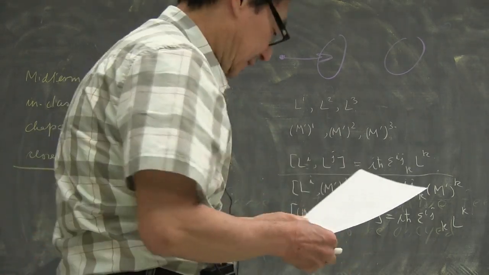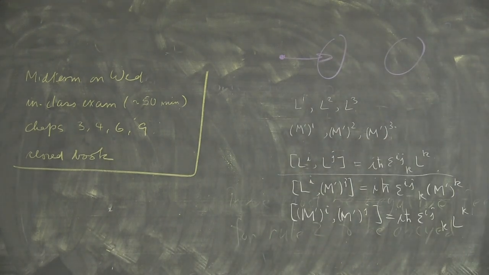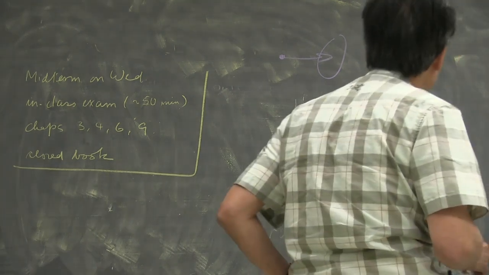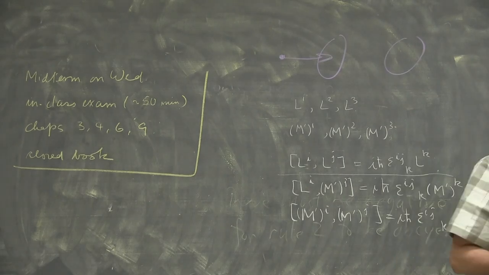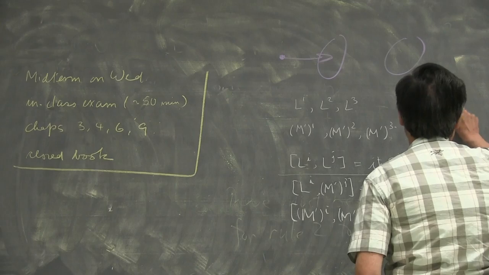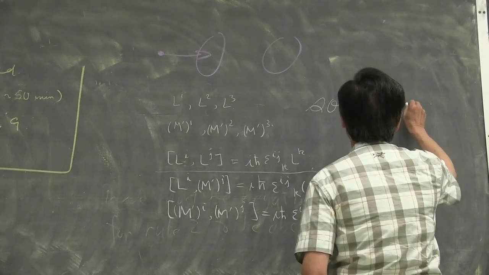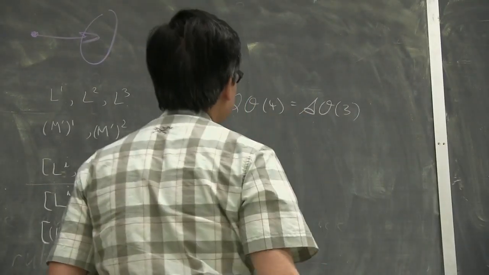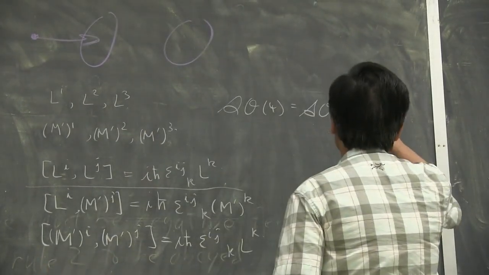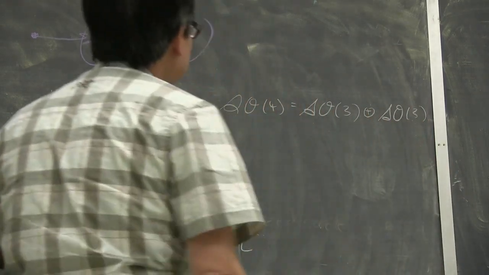Okay. But there is a way to break down the 6-dimensional algebra into a direct sum of 2 3-dimensional algebras. And this is the important point, simply because 6 is equal to 3 plus 3. And so here we write down the Lie algebra SO4. There's a way to break it down into one SO3 algebra plus another SO3 algebra.